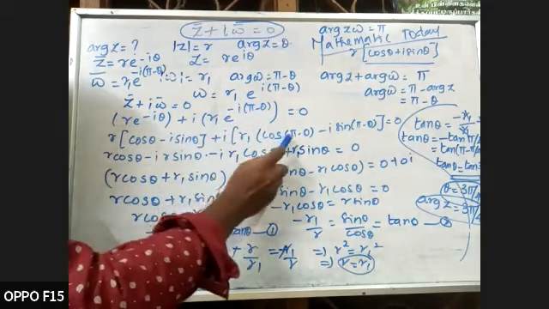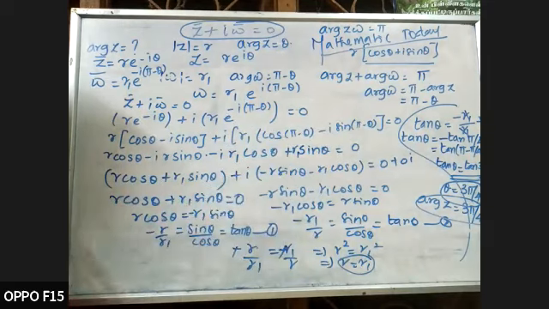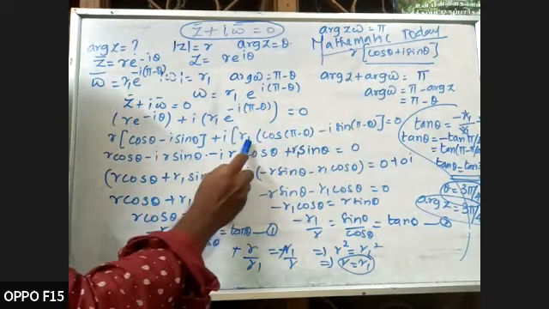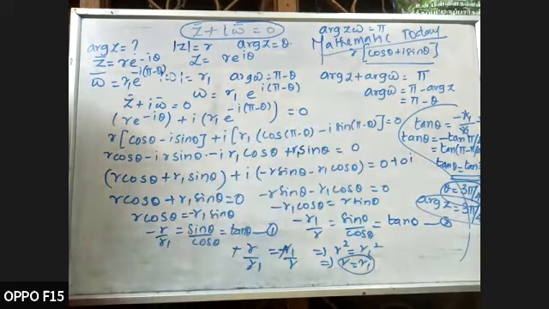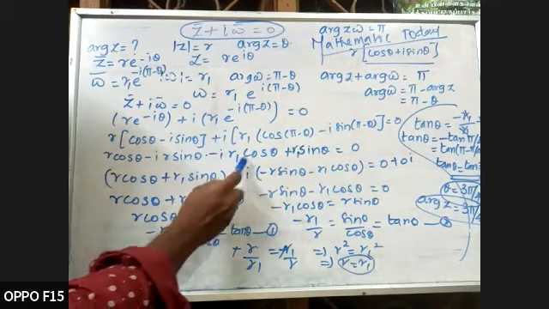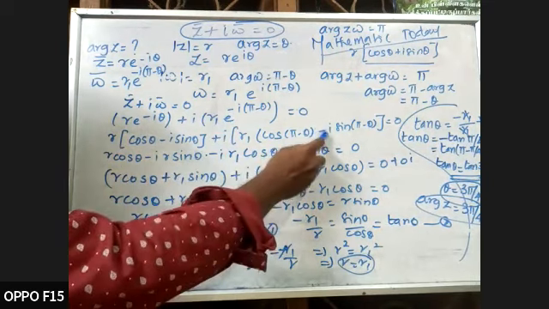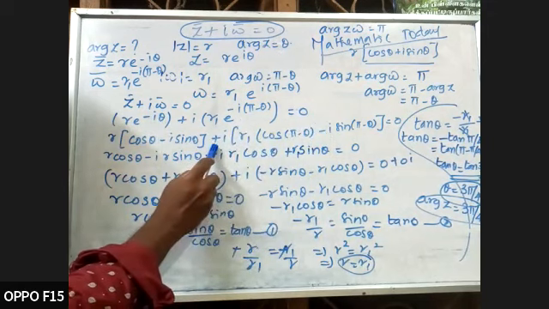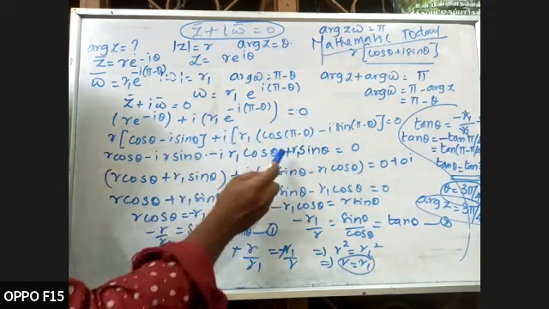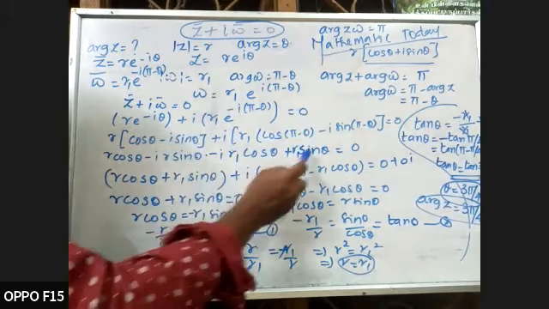R1 times (cos(pi minus theta) minus i sin(pi minus theta)). Cos(pi minus theta) is minus cos theta. Sin(pi minus theta) is sin theta. Multiplying, minus r1 cos theta, and with the minus already there, i squared is minus 1, so it becomes plus r1 sin theta.